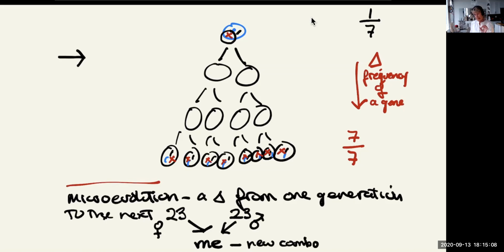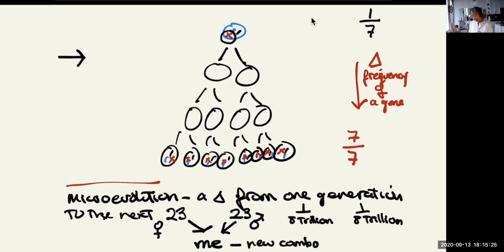The probability of getting this exact 23 chromosomes from mom is 1 in 8 trillion, and the probability of getting those exact 23 chromosomes from dad is 1 in 8 trillion.